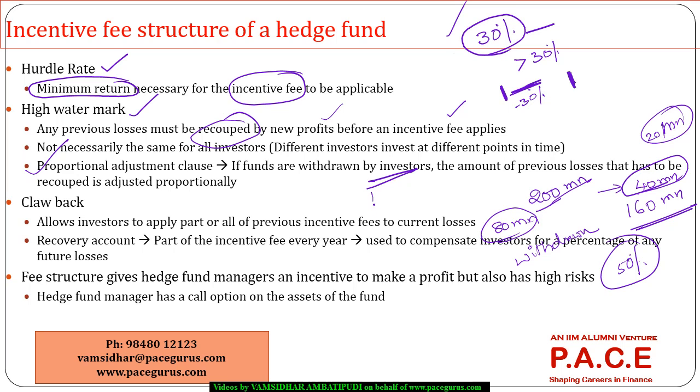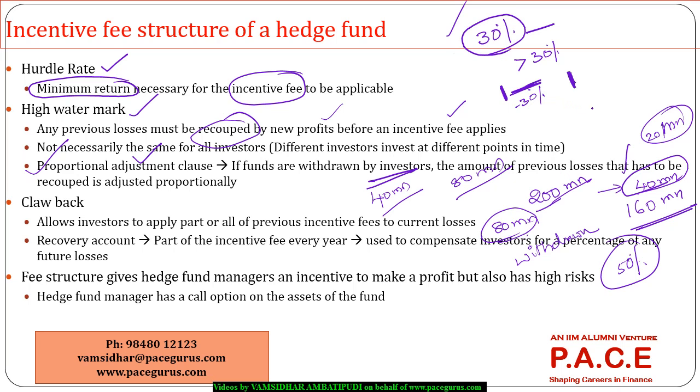But now if you see, the 40 million has to be generated on the 80 million fund that is there, because 80 million is already withdrawn. Now this is where the proportional adjustment clause says, okay, now that 50% of the capital is withdrawn, even this target also can be changed to 50%.